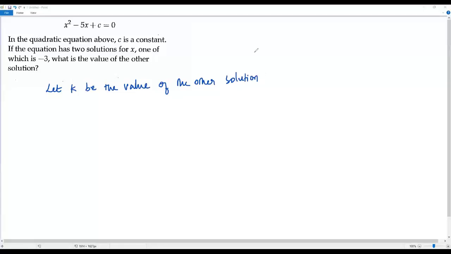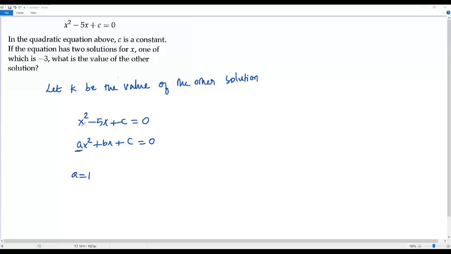Here the given quadratic equation, x squared minus 5x plus c equals 0, is in the form ax squared plus bx plus c equals 0. When I compare the two, I get a equals 1.